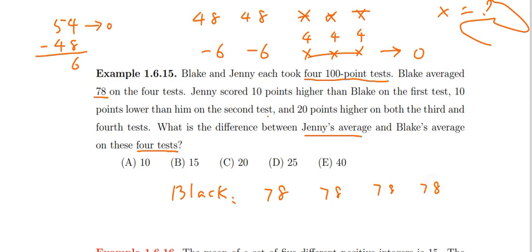Then the genius scores 10 points higher than Black on the first test, so this is 88. 10 points lower, so 68, right?